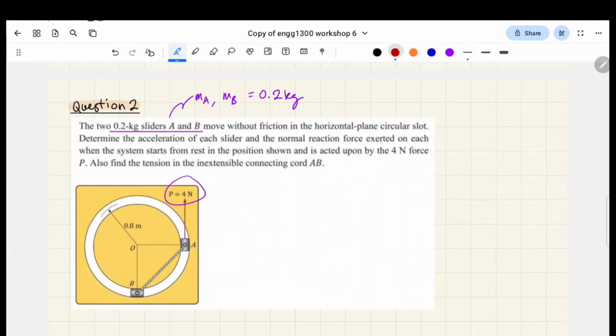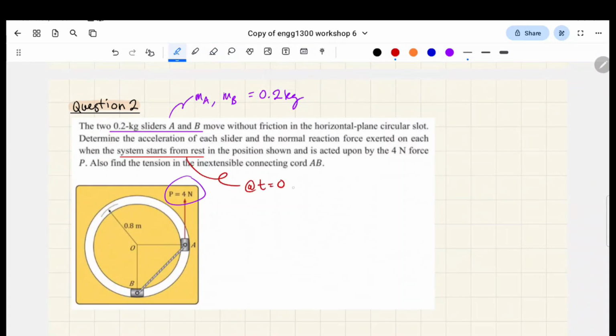And it says that, what does it say? The system starts from rest, right? And we're going to analyze it in this particular situation, right? So these angles, and it's starting from rest. Okay, so because the system starts at rest, right?